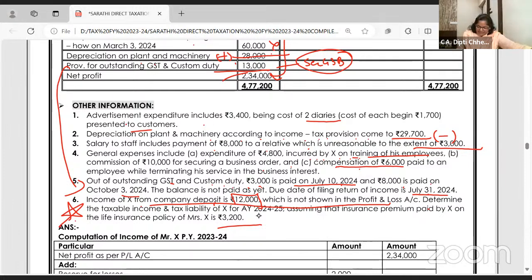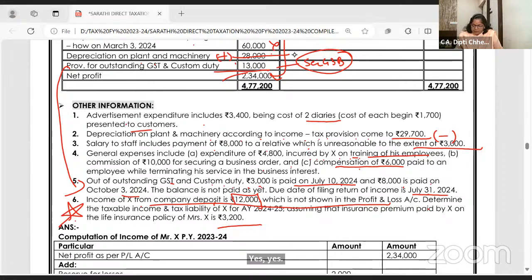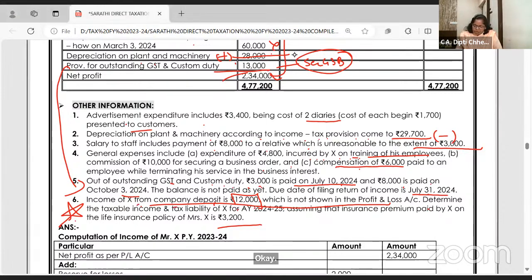Less? Okay, why do you have to less? It is income of 12,000 which is not shown in the P&L. So why do you want to remove garbage from the P&L which is not there? There is no garbage, yet you are sweeping.